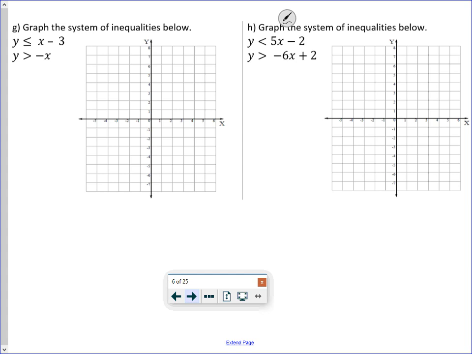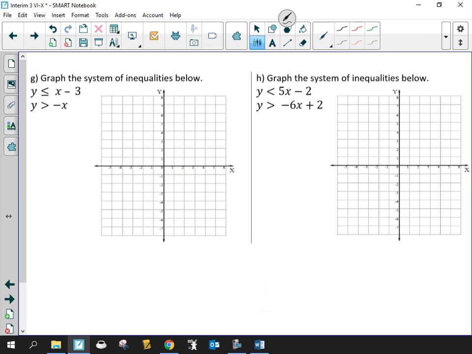All right, for G, these are systems of inequalities. To graph the first one, the y-intercept is negative 3 and the slope is 1. And it's less than or equal to, so I will get a solid line.